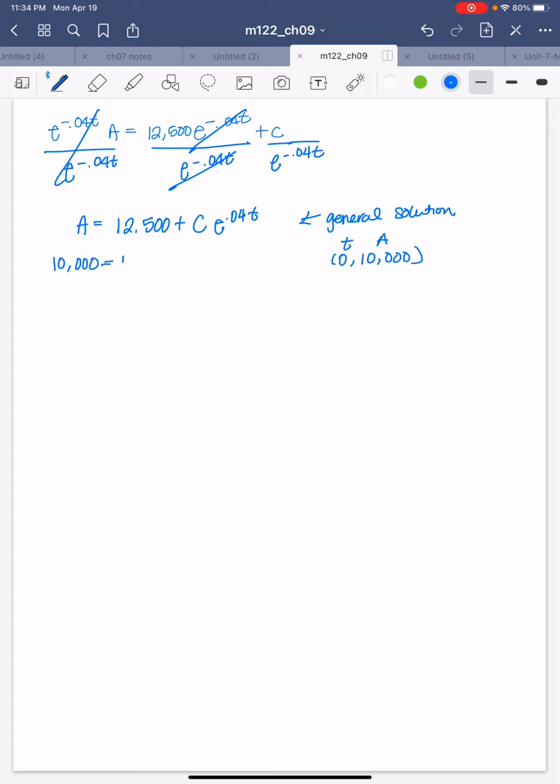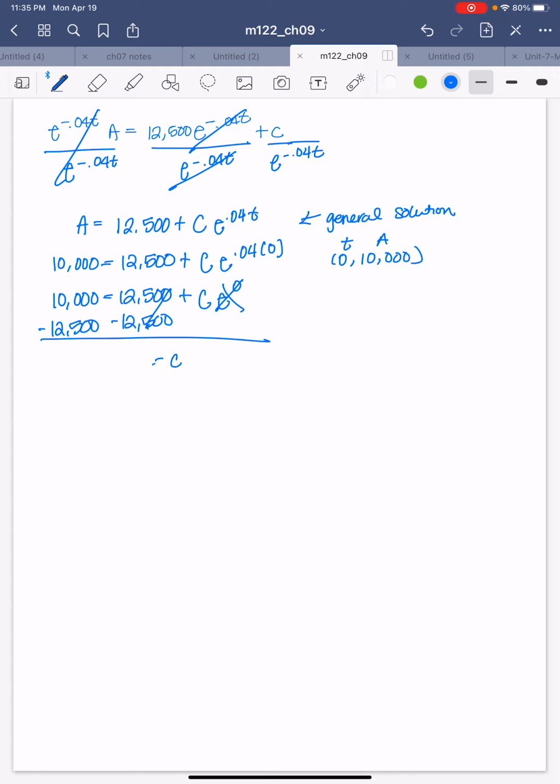So 10,000 is equal to 12,500 plus C times e raised to 0.04 times 0. So 10,000 equals 12,500 plus C e raised to the 0 power, in other words, just the C. So subtract 12,500 from both sides. C ends up being negative 2,500.